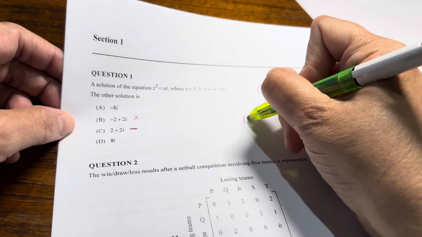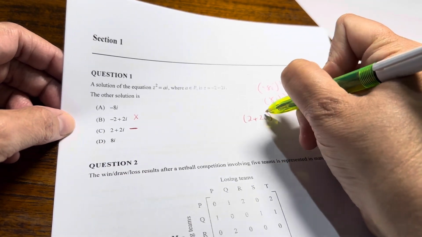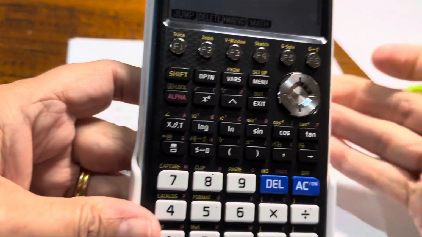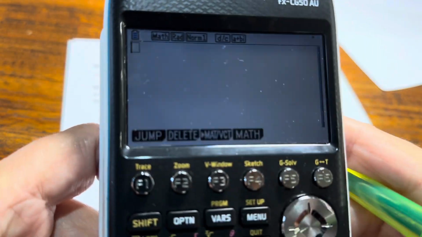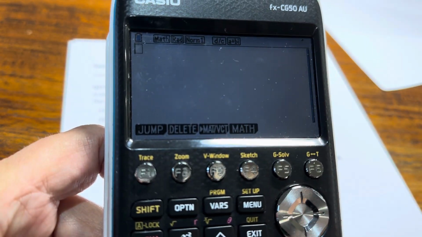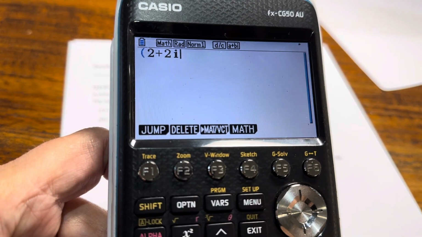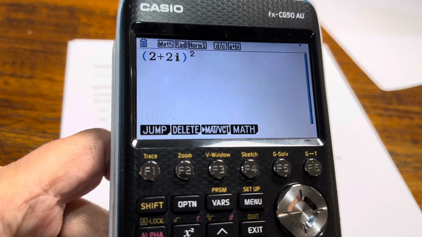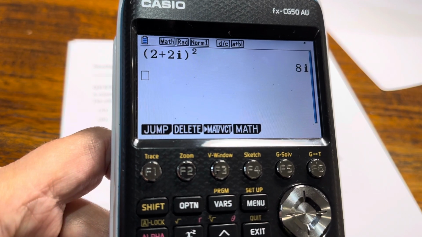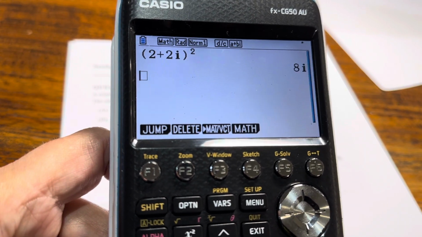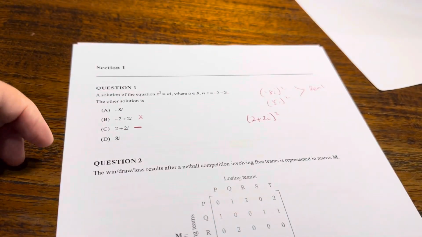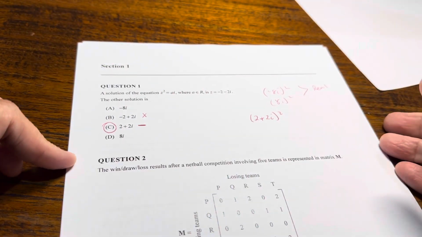Now, if we want to just do a quick double check, (2 plus 2i) squared on our calculator, we're going to go in brackets 2 plus 2i, close bracket squared, equals 8i. So that is correct. So C is our answer for that one.